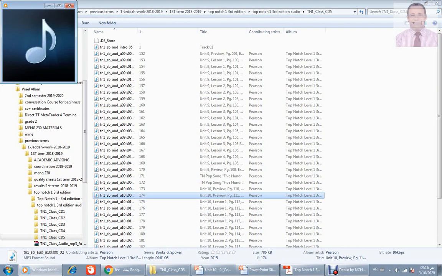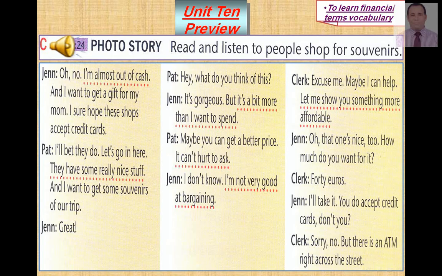Page 111. Exercise C. Photo story. Read and listen to people shopping for souvenirs. Erno, I'm almost out of cash. I'm getting this for my mom. I sure hope these shops accept credit cards. I bet they do. Let's go in here. They have some really nice stuff. I want to get some souvenirs of my trip. Hey, what do you think of this?